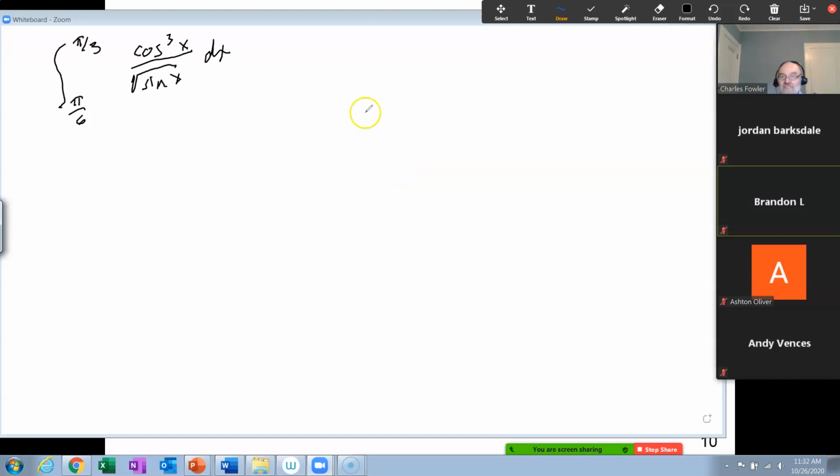Now, I don't know what you think to do, but what I think to do is rewrite this. The integral from pi sixths to pi thirds. I'm going to leave this as cosine cubed x, and I'm going to write this one as sine to the minus 1 half.